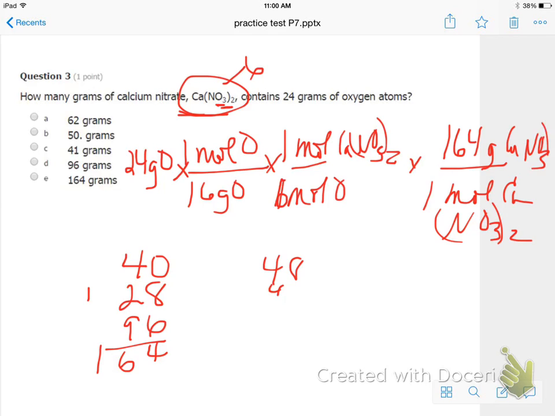I don't have to do it precisely to a decimal point. So now I want to see what I can cancel out. So if I do that, 164 over 16 is about 10. So I'm just going to make this 10. I can divide 24 by 6 and I get 4 up here. So if I multiply the 4 times 10, I get 40 grams, so the closest answer is 41 grams.